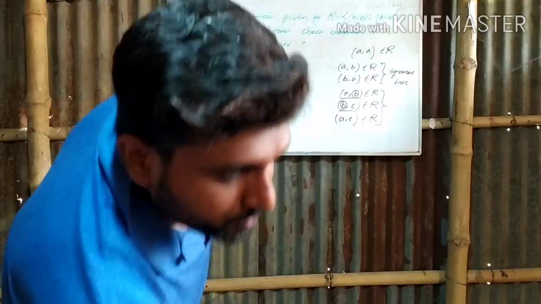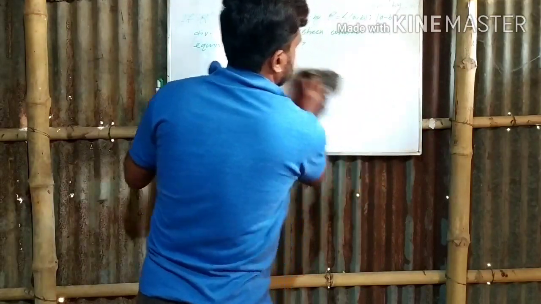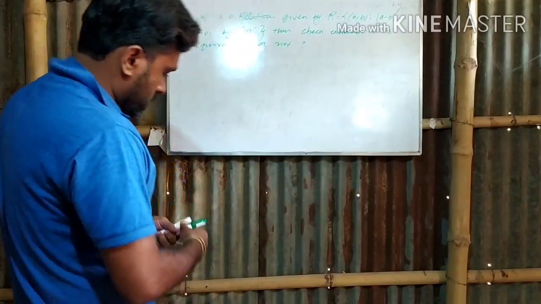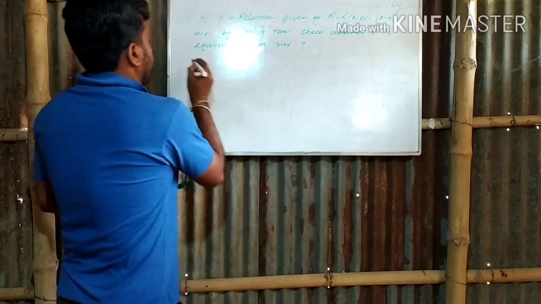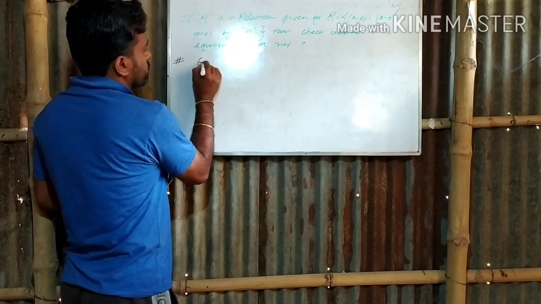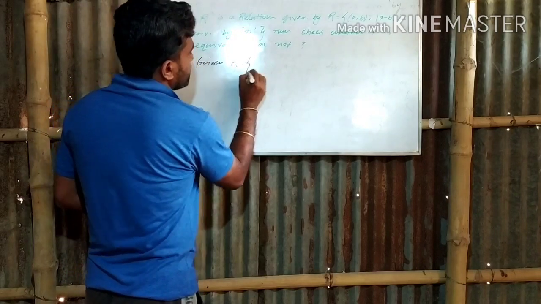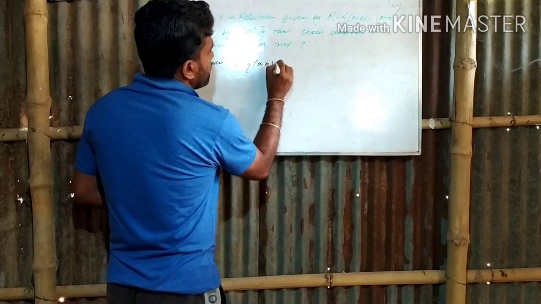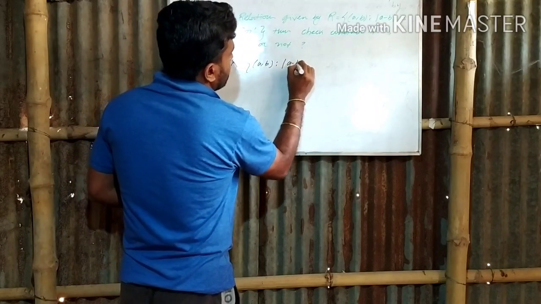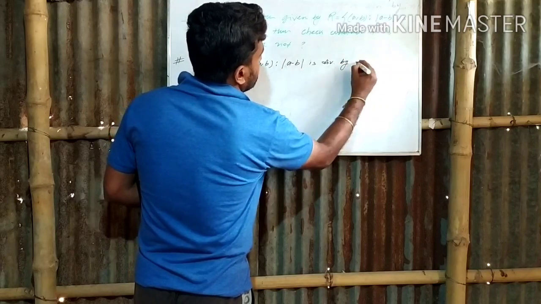The first one is what? The reflexive property. In the reflexive property, at first you have to write the given relation set: (a, b) such that |a - b| is divisible by n.